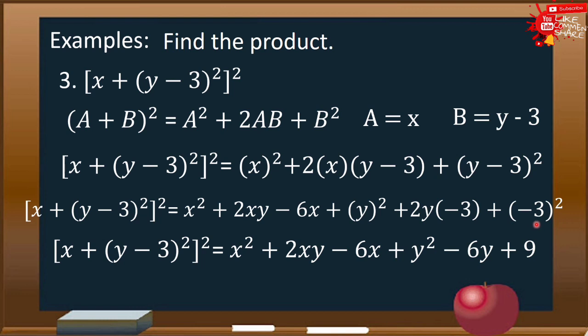It means negative 3 times negative 3, which is positive 9. So therefore, the square of x plus the square of y minus 3 is equal to x squared plus 2xy minus 6x plus y squared minus 6y plus 9. Okay?